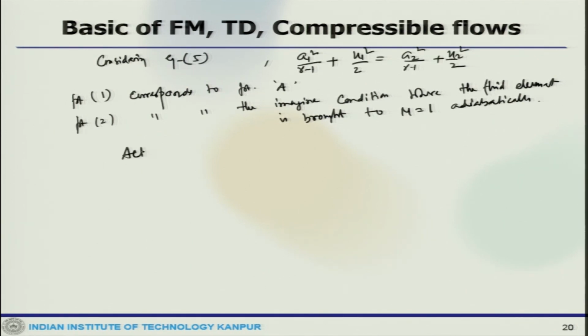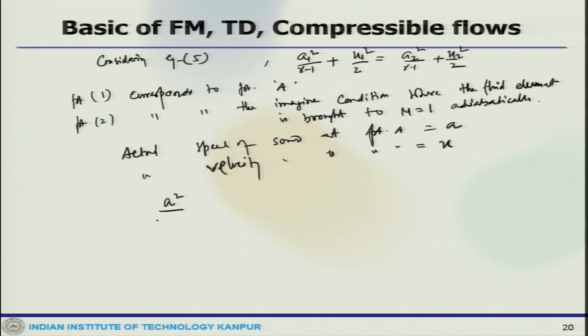So, the actual speed of sound at point A is a, and the actual velocity at point A is u. So, what we can write is a square by gamma minus 1 plus u square by 2 equals a star square by gamma minus 1 plus u star square by 2.